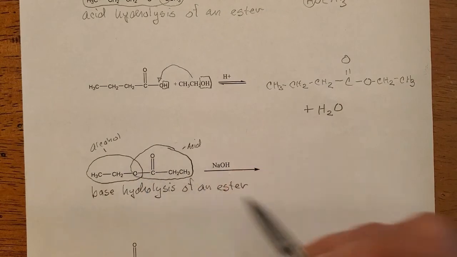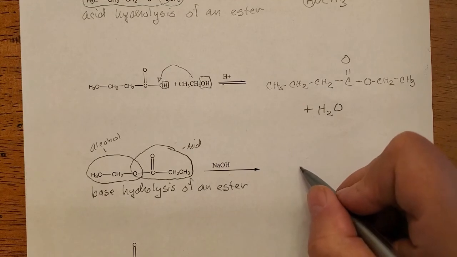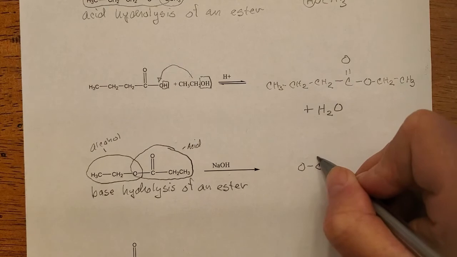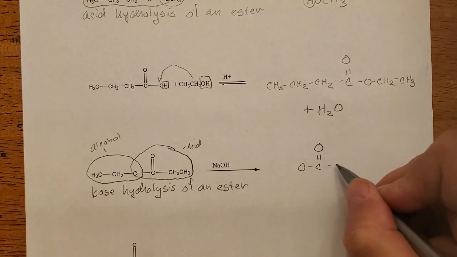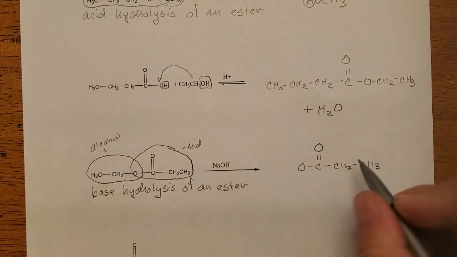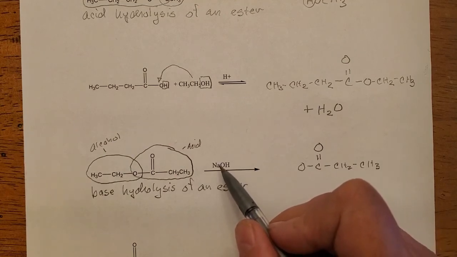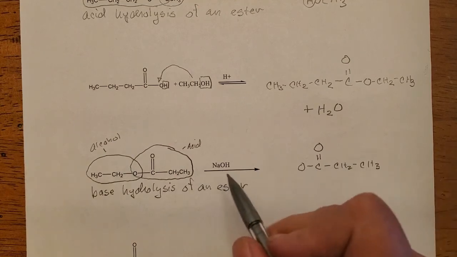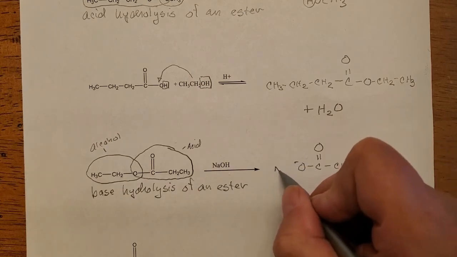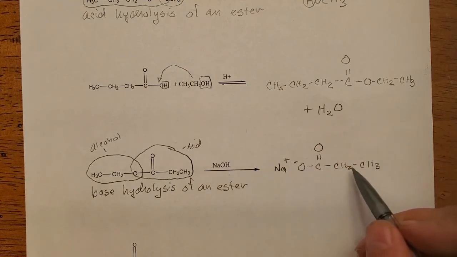So we just rewrite that as the acid. I'm just going to literally redraw this. See how I've redrawn the acid portion? But since it's hydrolyzed by a base, it's going to be the sodium salt of the acid. So this gets a negative, and this gets a positive, the sodium salt of the acid.